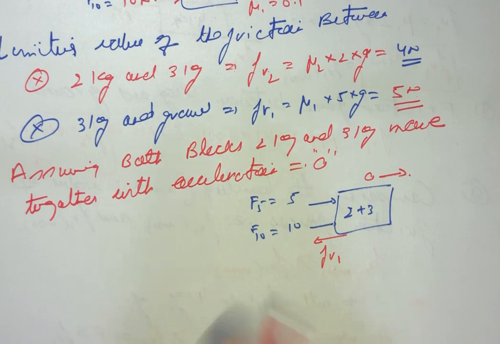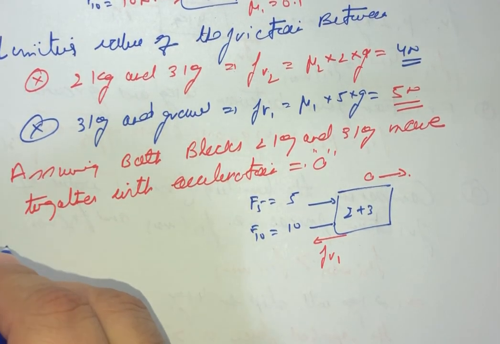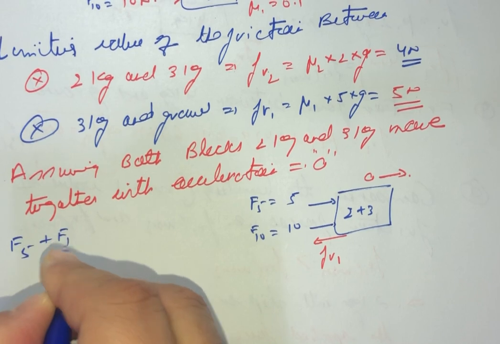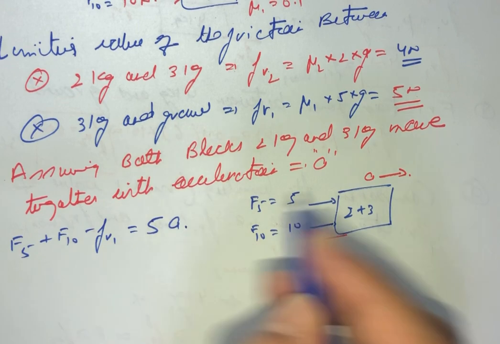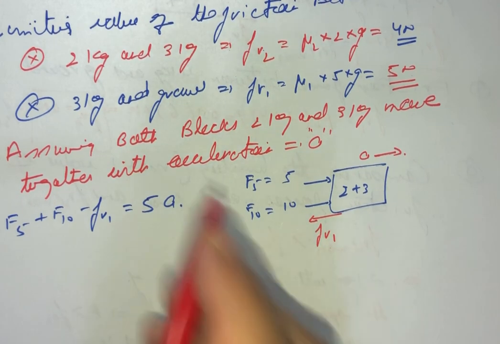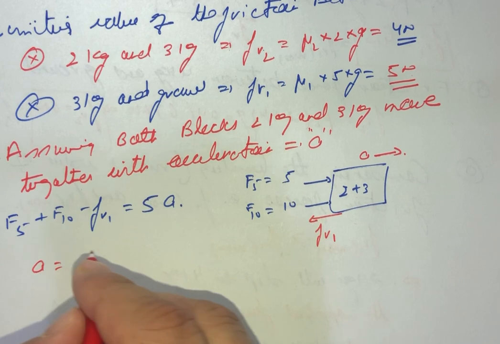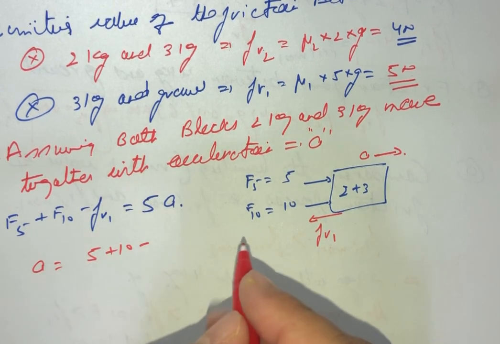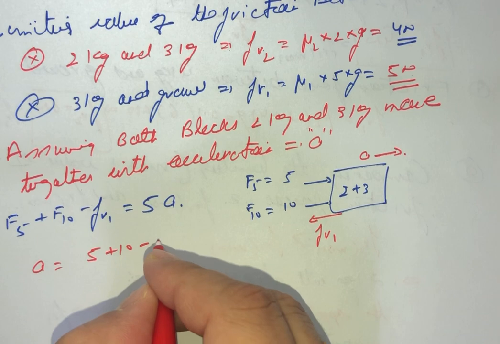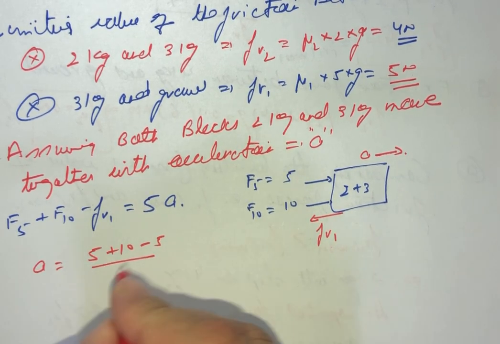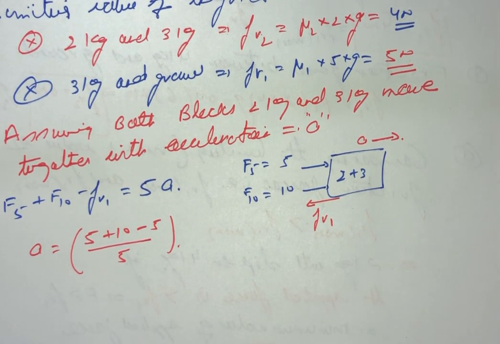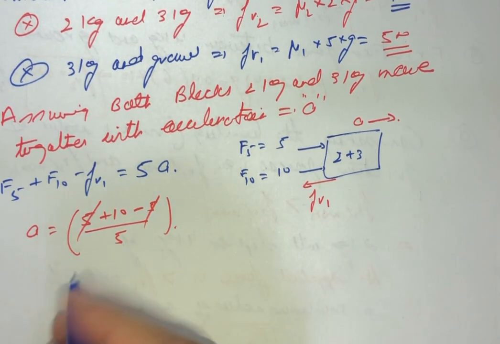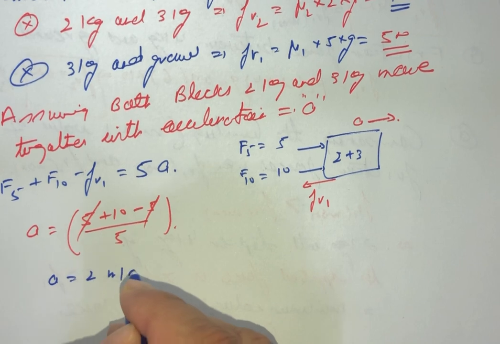So we can write the equation as F5 plus F10 minus FR1 is equal to 5 into A. So we can say that our A is 5 plus 10 minus FR1, which is 5, divided by 5. This cancels out, so we get acceleration A as 2 meter per second square.